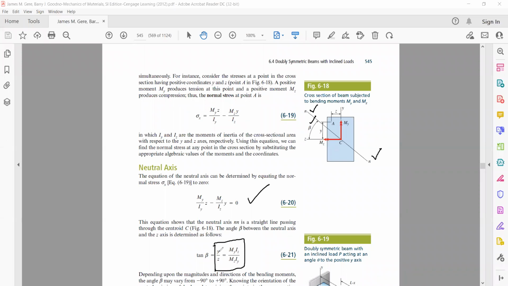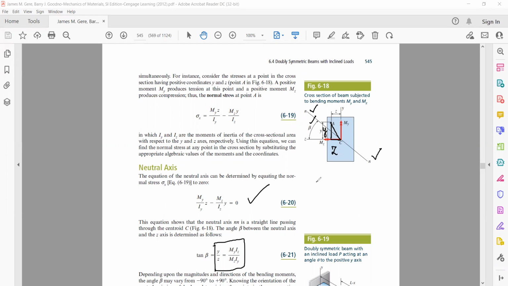By the way, what is this y by z? In this right angle triangle, this is y, this is z. What is this y by z?